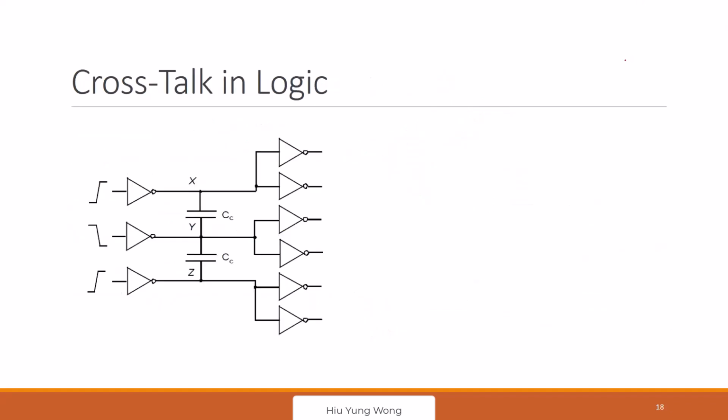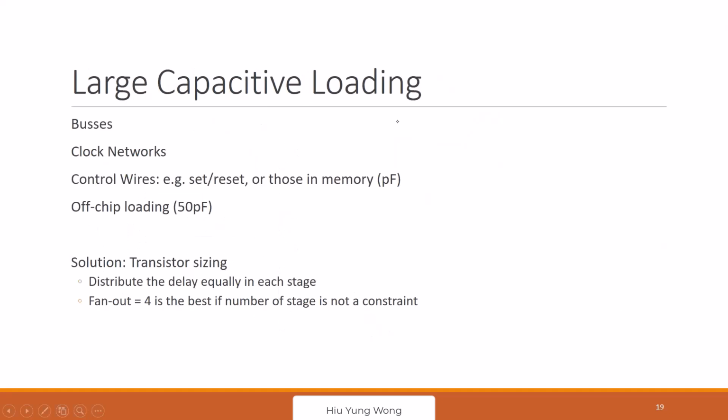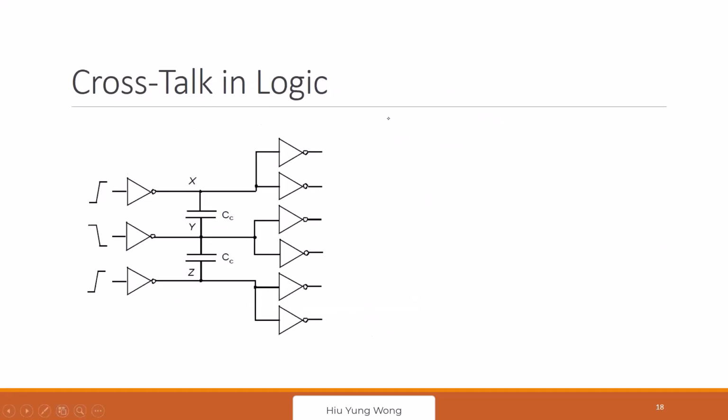Okay, so why I say that there is jitter due to the capacitor is because the capacitance you see is actually not constant, right? I have three voltages here, Vx, Vy, and Vc.